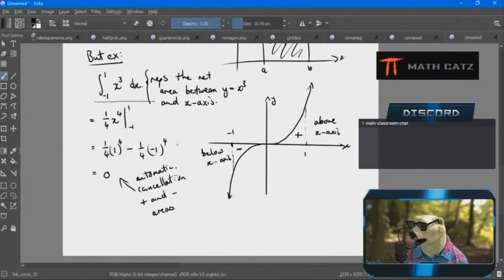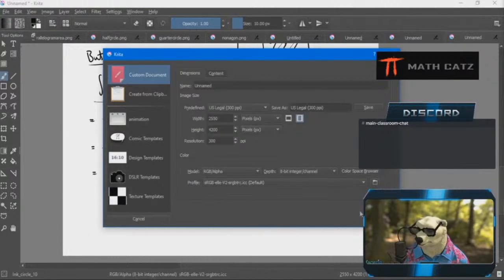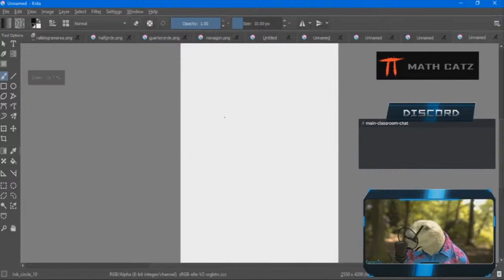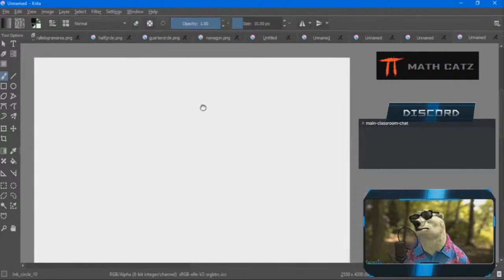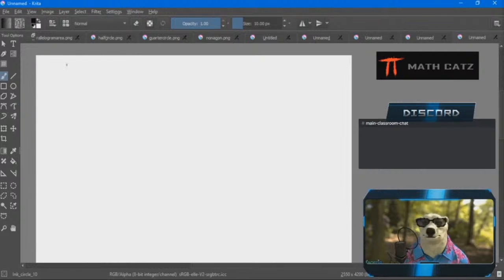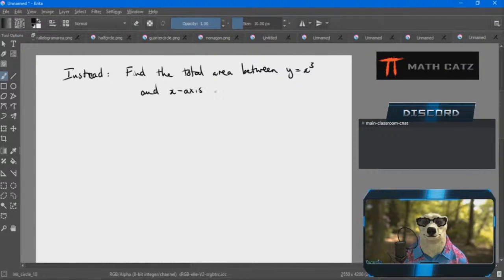But if it's instead asking me to find the total area between my graph and the x-axis on -1 to 1, then the answer isn't 0.